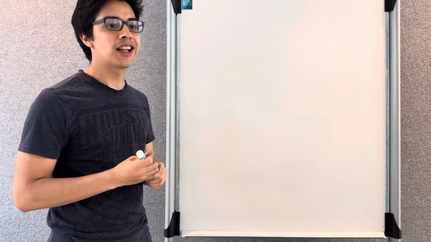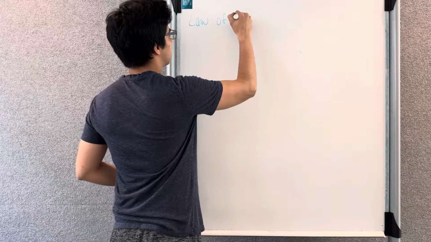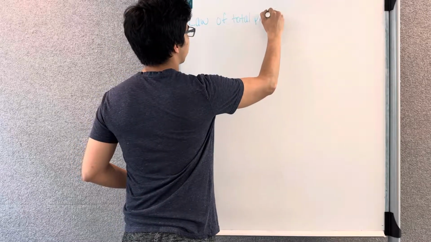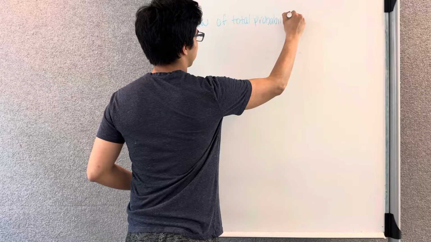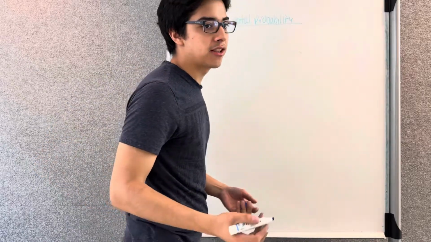Another important thing is the law of total probability. There is an equation that goes like this.